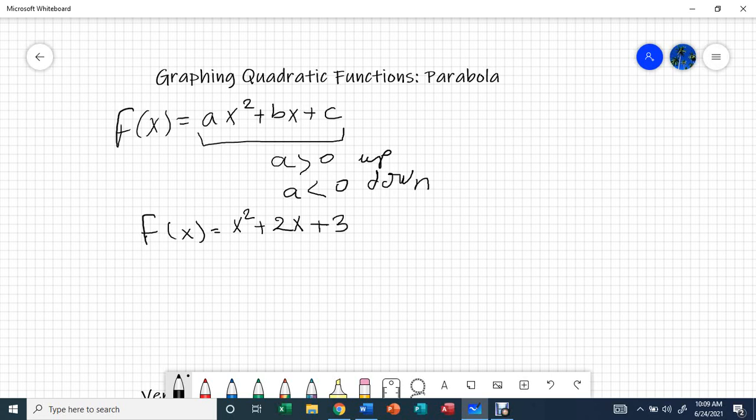So what's your a here in this example? a is 1, the coefficient of x squared, the leading coefficient, and 1 is positive. So the parabola will open up. And if it opens up like this, it has a minimum. So the graph has a min.